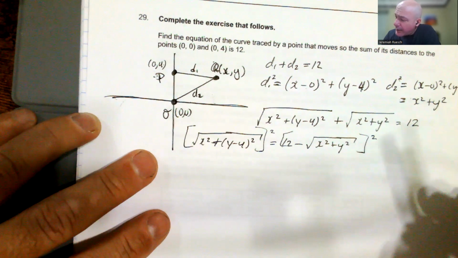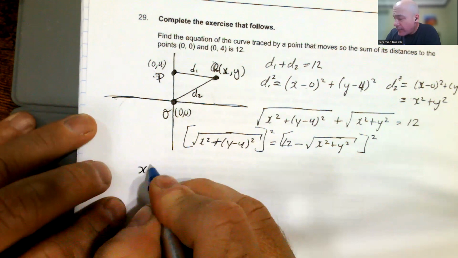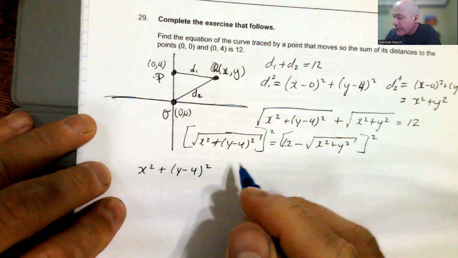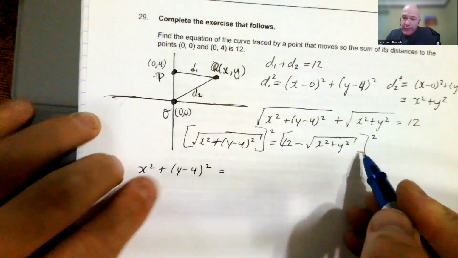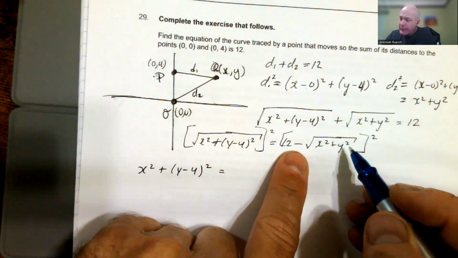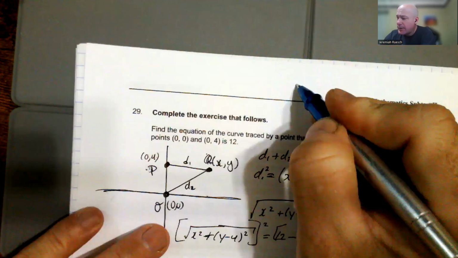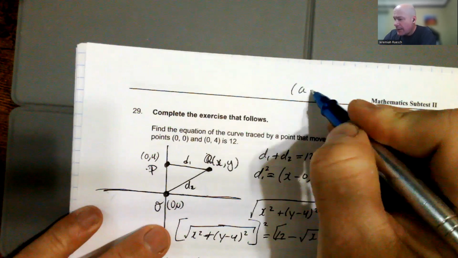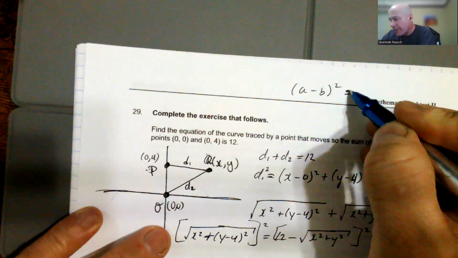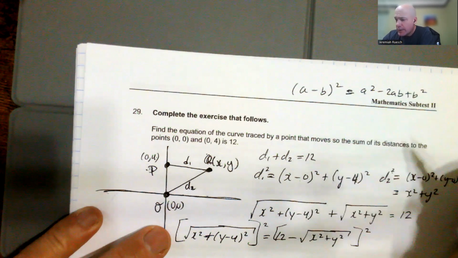Okay. Doing that, the square root and the square cancel each other out. So I get x squared plus y minus 4 quantity squared is equal to, and now I have to FOIL this out. If you recall, a minus b squared is the same thing as a squared minus 2ab plus b squared.